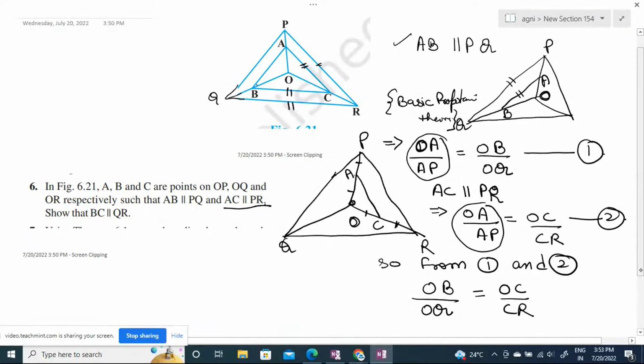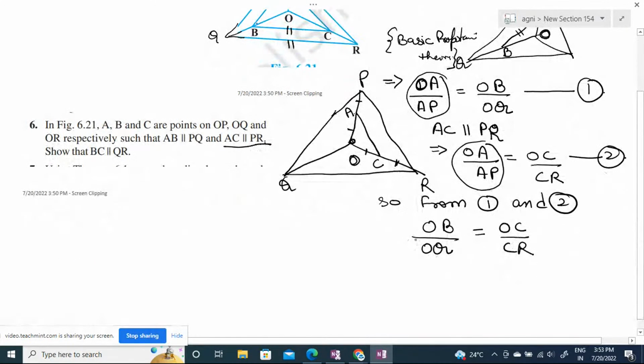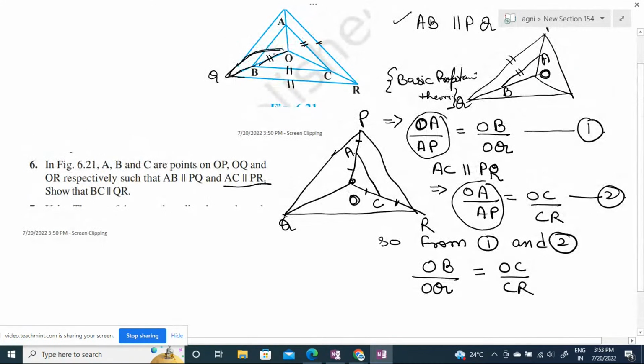Now we have the equation OB upon OQ. We can see over here, this is OB. This is OQ. The whole OQ is given to us. Now if we see this diagram, this is OB and OQ, whole OQ is given to us.